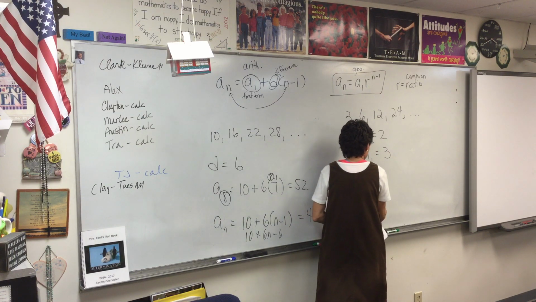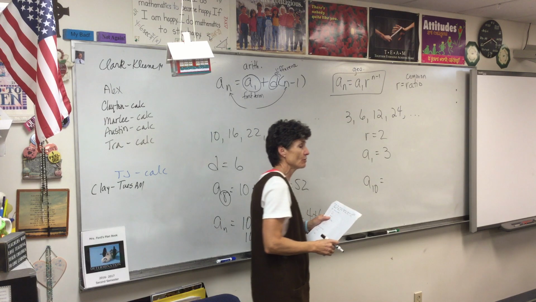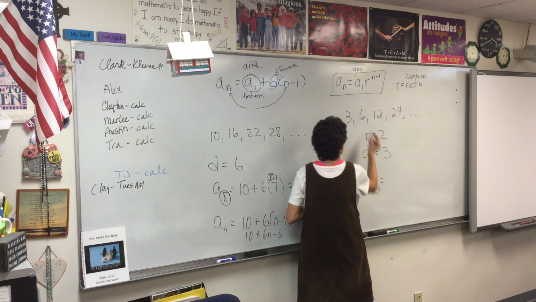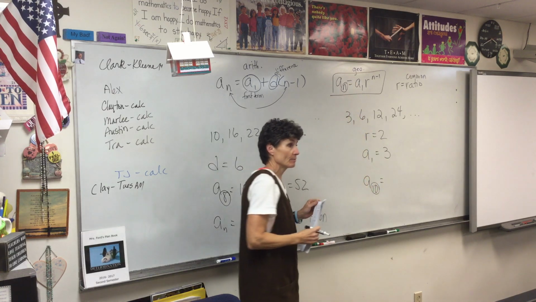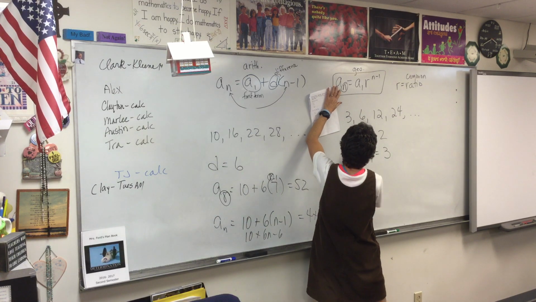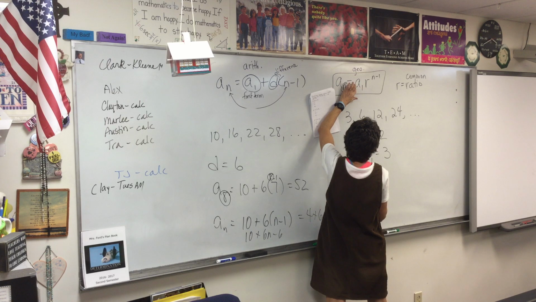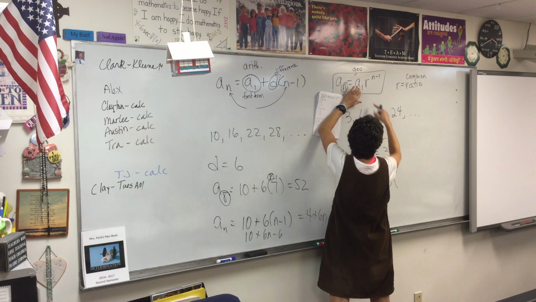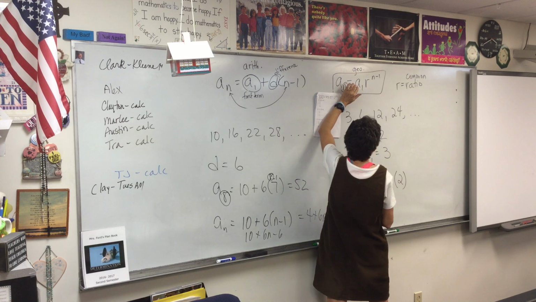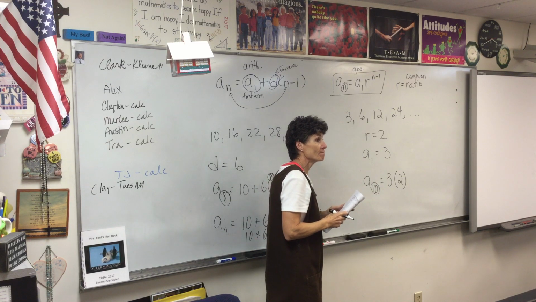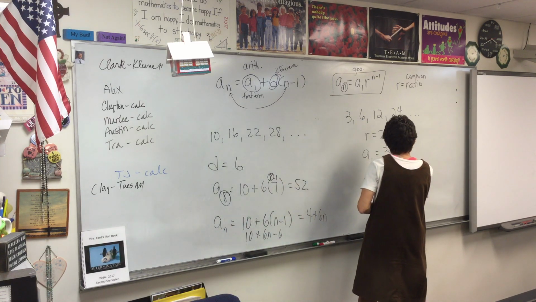Then they say, all right, what's the 10th term? Here's your formula. Clearly, we're letting n be 10, right? So what's that formula going to say? Start plugging stuff in. The 10th term is going to be what? 3 times the ratio, which you said was 2, raised to what power? 10 minus 1, which is the 9th power.